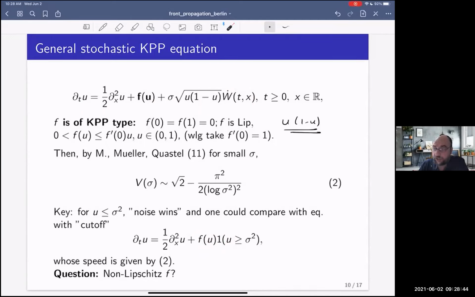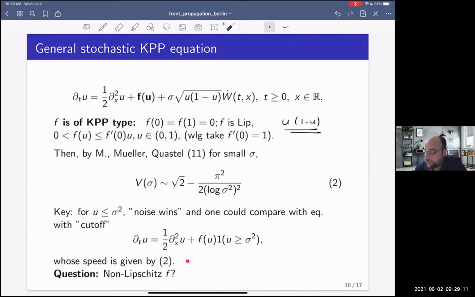It's called the equation with cutoff, where they replace the drift by the drift f(u) times the indicator that u is greater than sigma squared. So somehow we say that the drift doesn't have any effect for u smaller than sigma squared. And it turns out for this deterministic equation, the speed indeed is given by this expression.